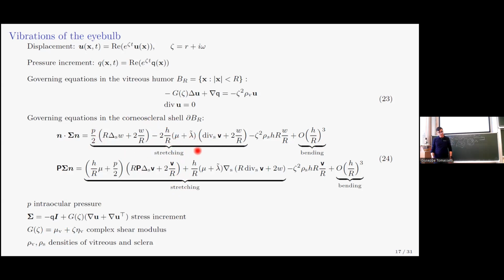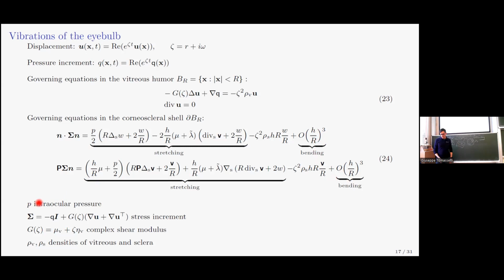And those terms take into account essentially stretching. There are other terms, the terms that account for bending, on the other hand, are higher order terms that scale like the third power of the ratio between the thickness of the sclera and the radius of the eyeball. Okay, it's a simple scaling argument because bending moments scale differently from stretching forces.